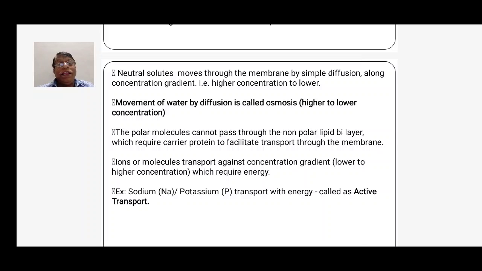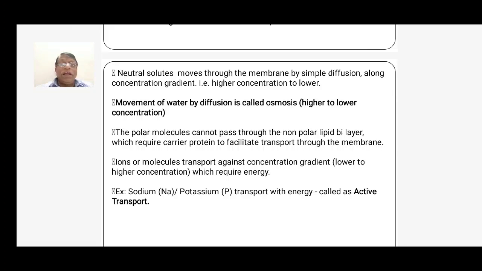Okay. The water also moves. Next function. The water moves through the membrane. The movement of water takes place by diffusion through the selectively permeable membrane from higher concentration towards lower concentration. This process we call osmosis.